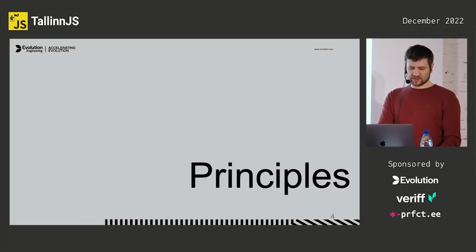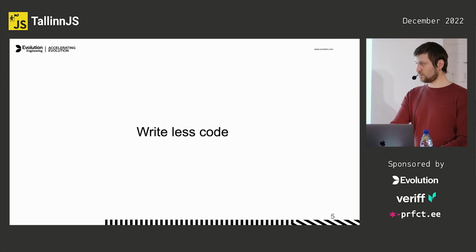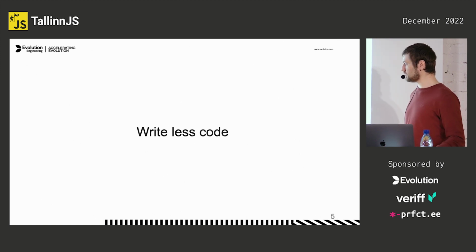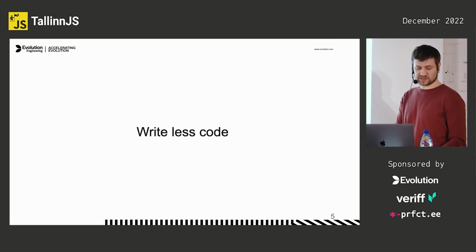So let's discuss the principles of how Svelte works. When you use Svelte, first of all, you just have to write less code. Svelte has a slightly different syntax than native, pure vanilla JS.